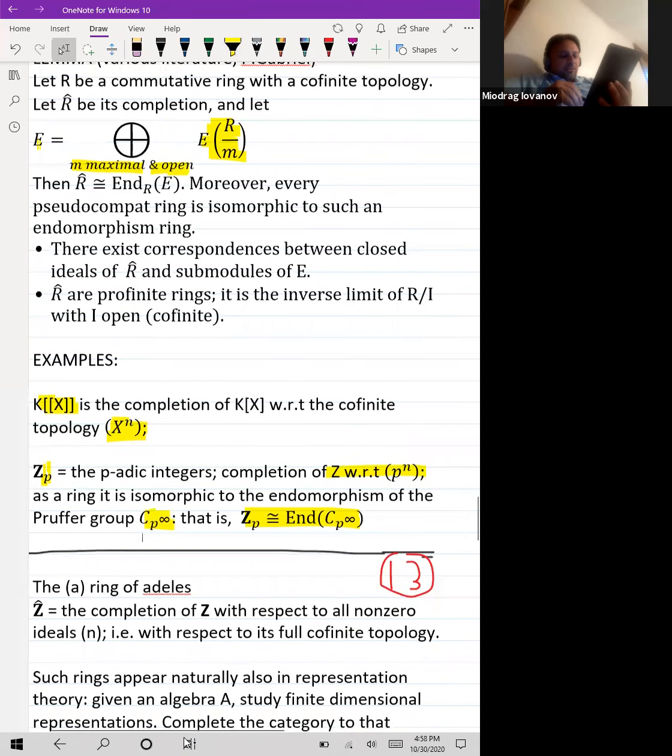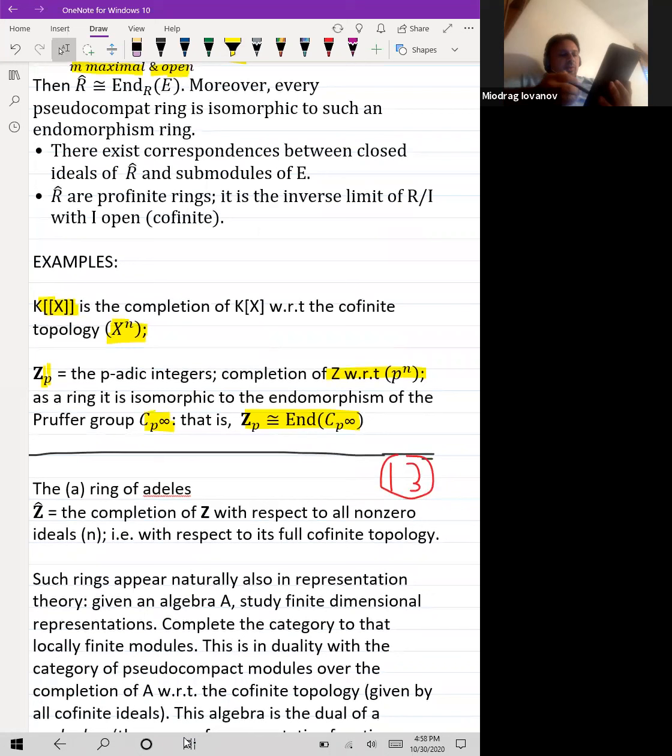And for another example, it's the same example, but put all the primes together. The ring of adeles, well, actually the ring of adeles maybe has several versions, but for this purpose, just consider the completion of Z with respect to all non-zero ideals. So you consider on Z the full cofinite topology, or just consider all the primes and all the products.